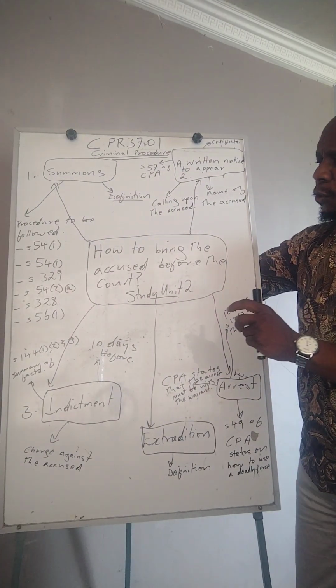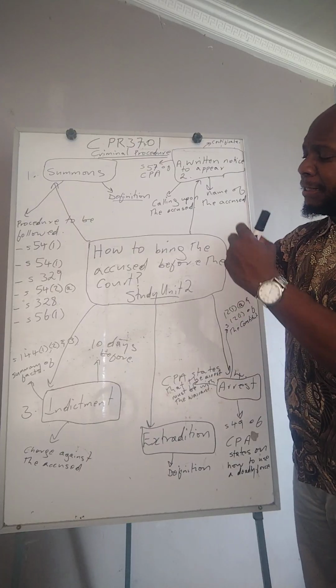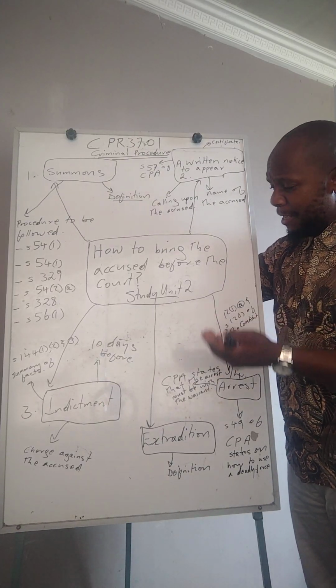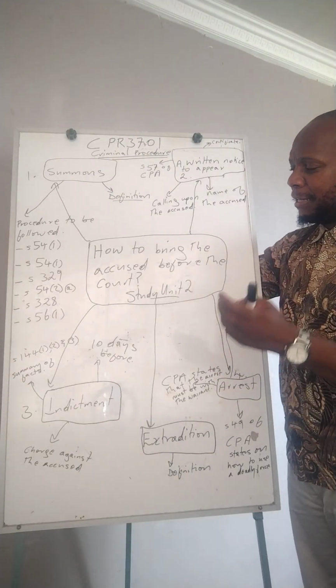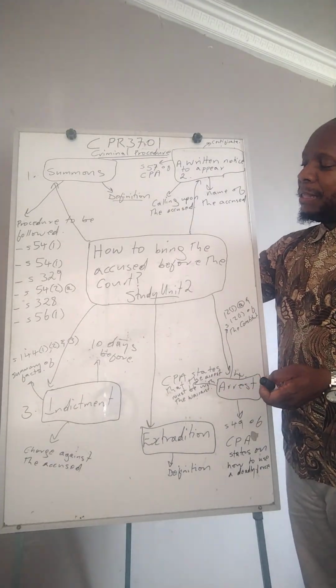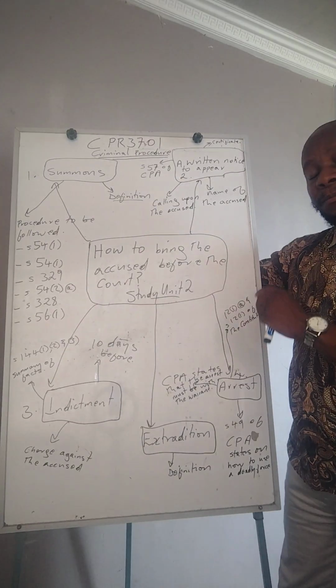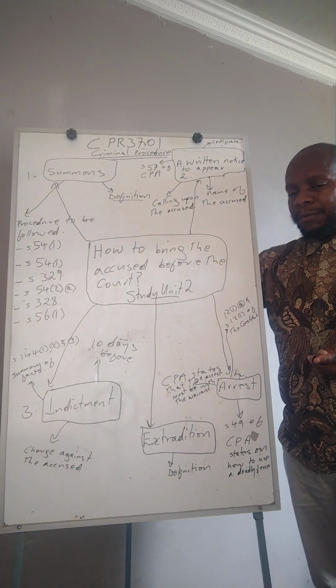The indictment also contains the summary of the facts of the case. It also contains the names and addresses of the witnesses. That is in terms of Section 144, subsection 1, subsection 2, and subsection 3 of the Criminal Procedure Act.